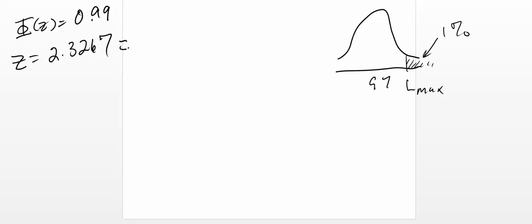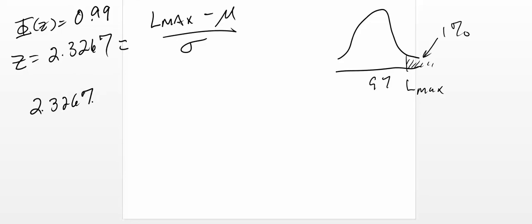That z is equal to the L max of interest minus the mean, divided by the standard deviation. So 2.3267 is equal to L max minus 97, divided by 2.5.